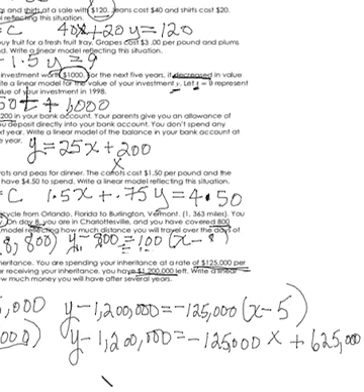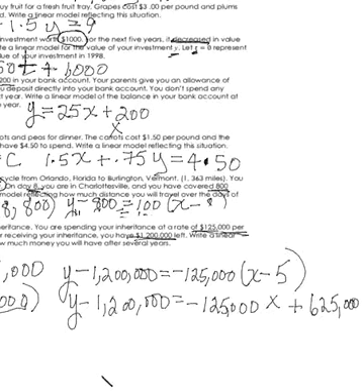And then we're going to add this on there, so you're going to see what you originally had. So now we're going to add 1,200,000 to both sides.